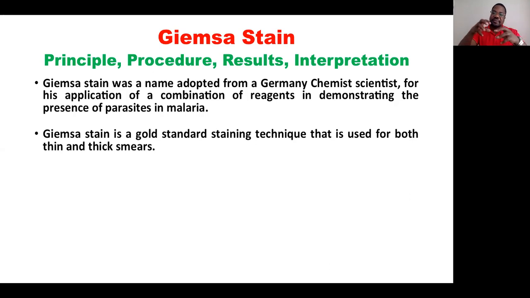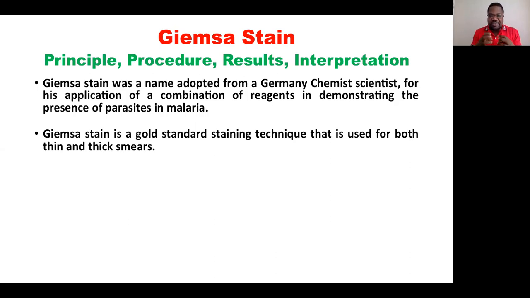He mixed a number of reagents, and if you put them in contact with your smear, they color the blood cells differently, and you will also be able to identify the parasite. So that's why the test was named after him.